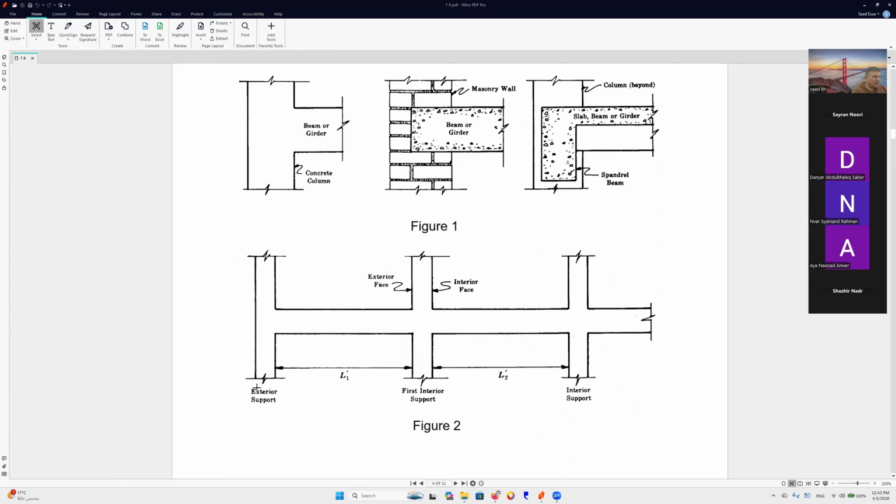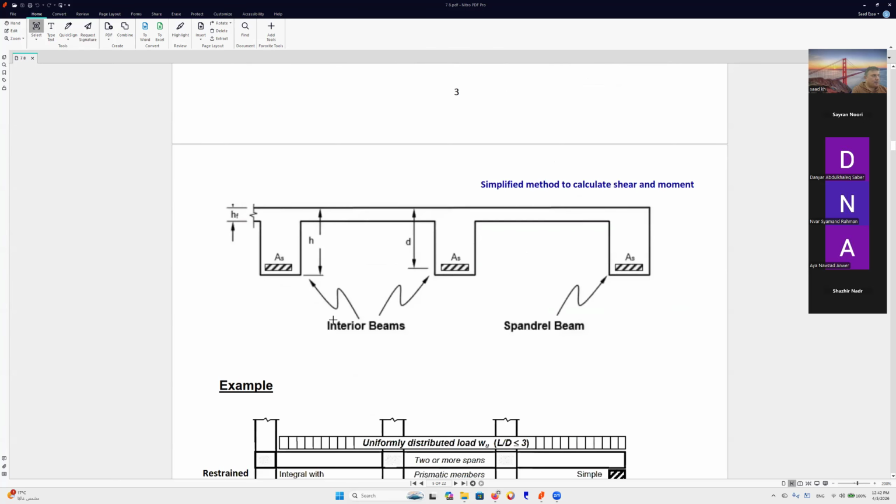This one is the exterior support, first interior support. This is the interior support. Here we have the exterior face. Here we have the interior face, because here we have the interior region. Here we have L1 prime, which is the length of the first span. This is the length of the second span.